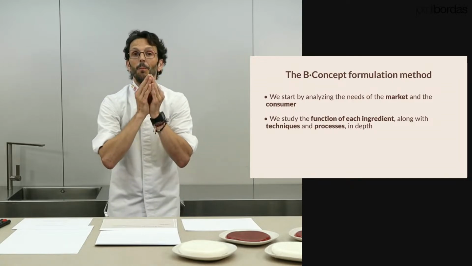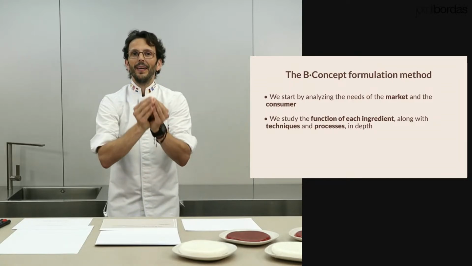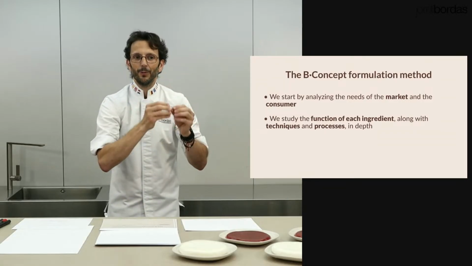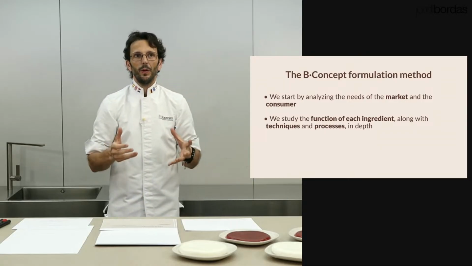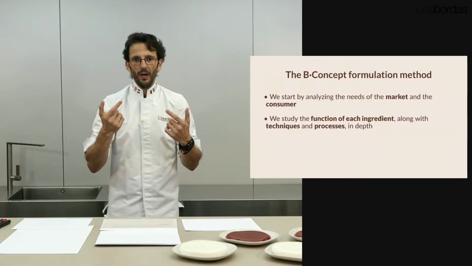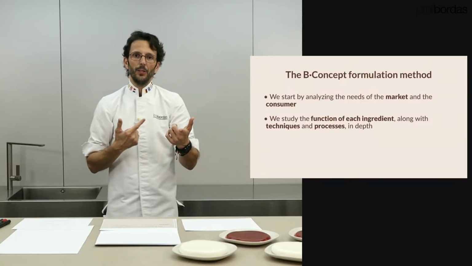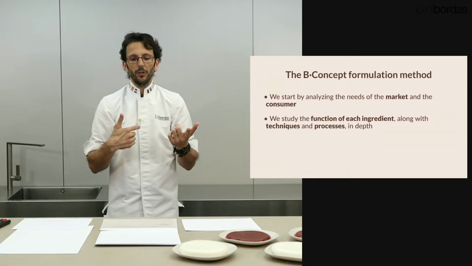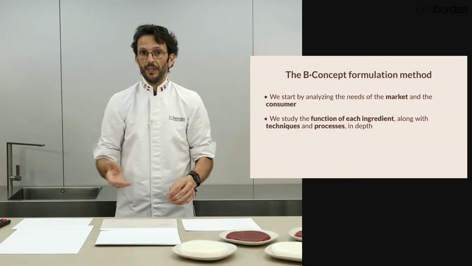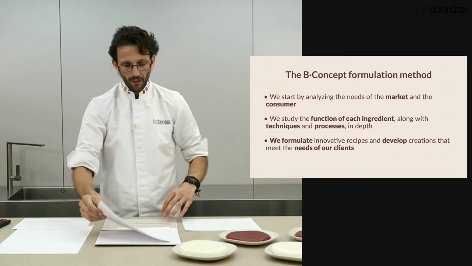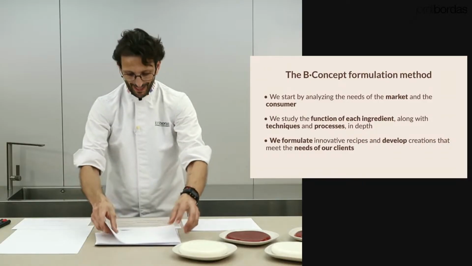We need to understand molecules, what is protein, how proteins work in pastry. We need to understand fibers, starch, sugars, techniques, how the emulsion technique works, how gelation or thickening or aeration works. And then the process, because depending on the process that we apply, the result will be one or another, completely different.